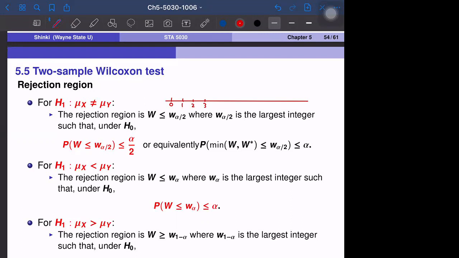So for example, if we have this kind of distribution, and suppose that the total area of here and here is equal to 0.05.